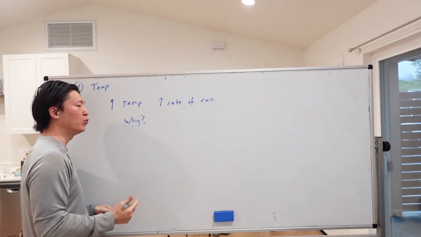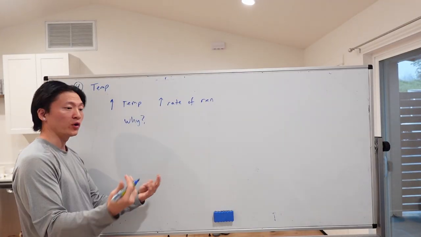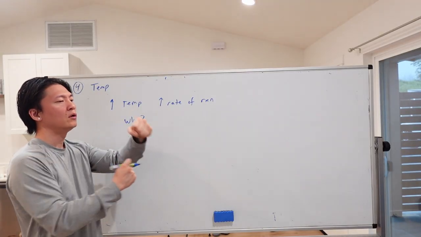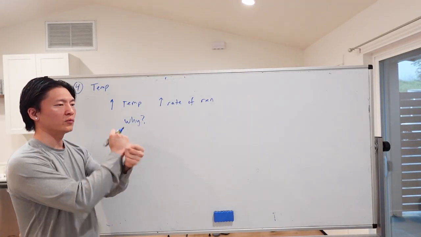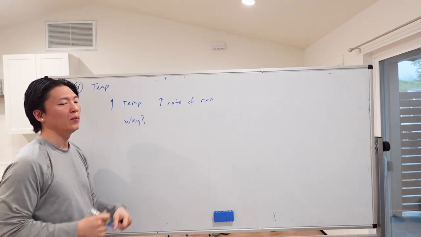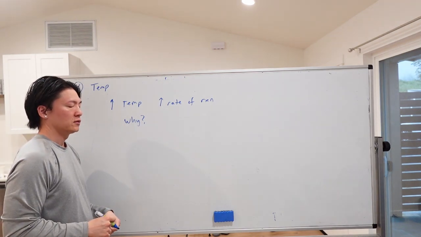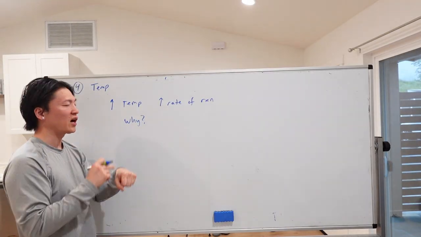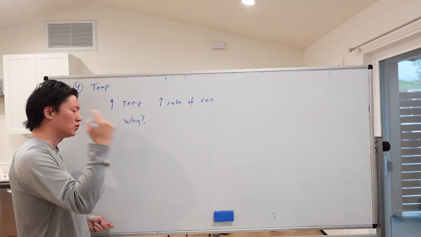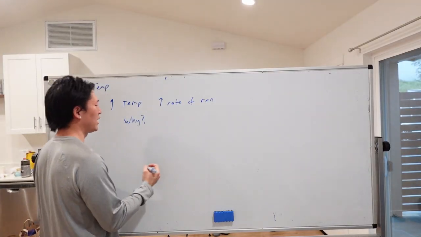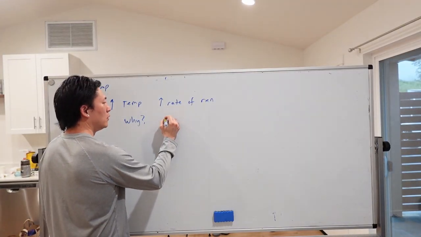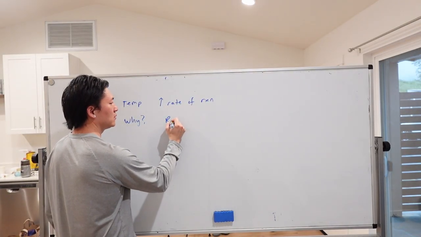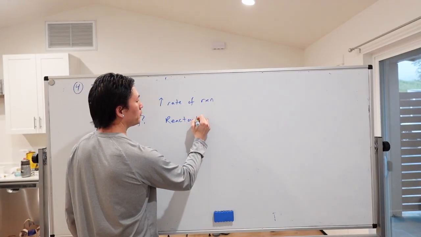And if they move faster, the frequency of collisions increases, because imagine particles going slow. It's harder for them to hit each other per unit time. Now, if they're moving fast, they're more likely, in terms of time, to collide. It should be intuitive. You should be able to understand that. So when you heat them up, reactant particles move faster.